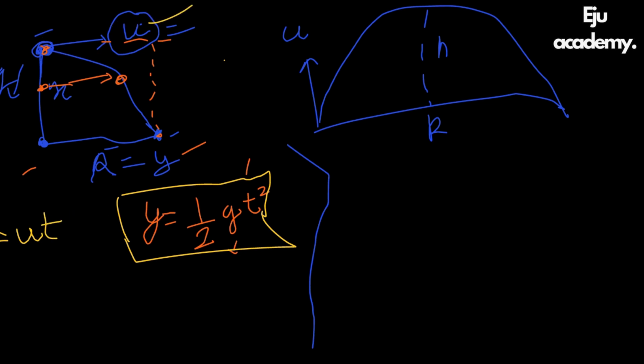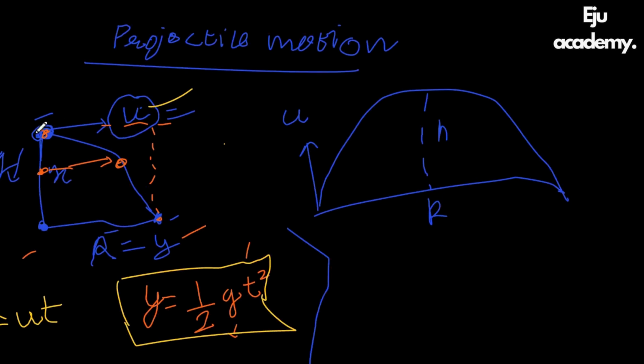For example, the initial velocity is u, and the time taken from reaching here to here is t. We're going to get this distance, the height, we can say. Not specifically height, it's just a way of representing height.